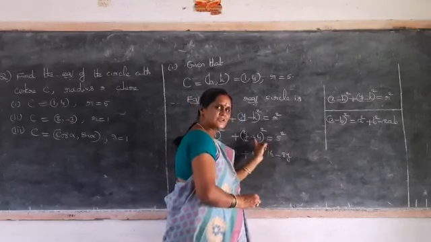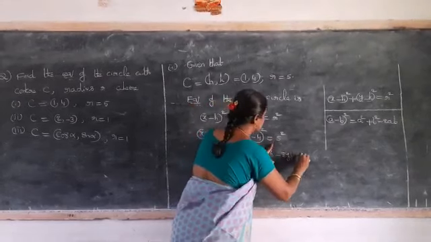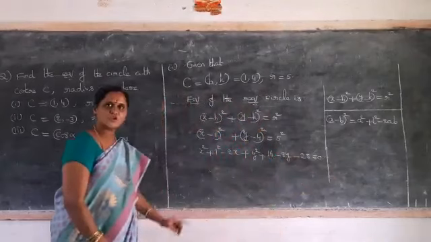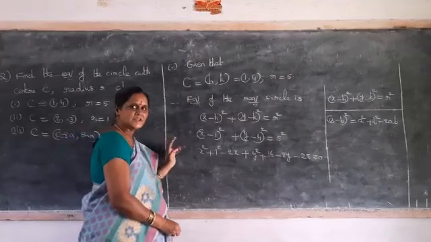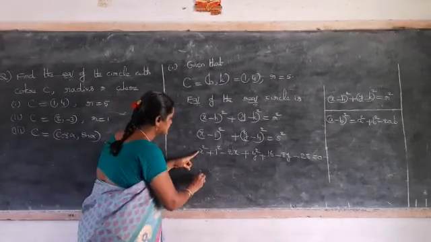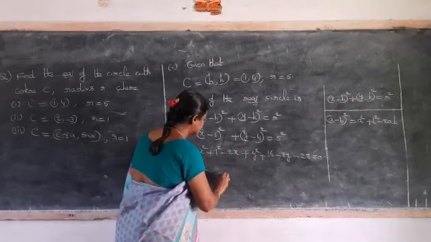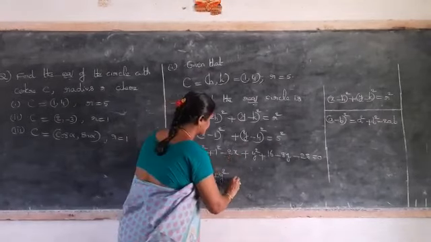I send this 25 to the left side. ఈ 25 ని left side కు తీసుకొని వద్దాం. Then you get minus 25 is equal to 0. Okay, I have expanded. Now I write the terms in order. First we write x square. Next we write y square, that is plus y square. Next we write minus 2x.